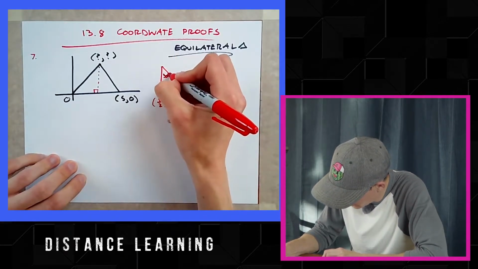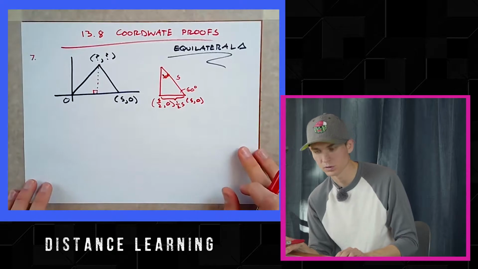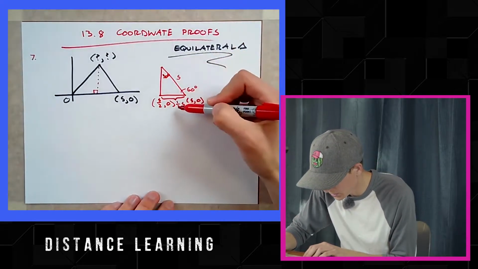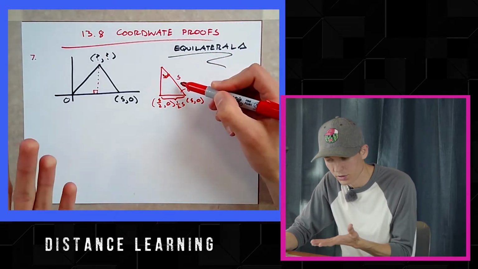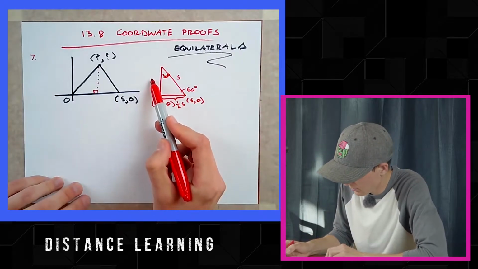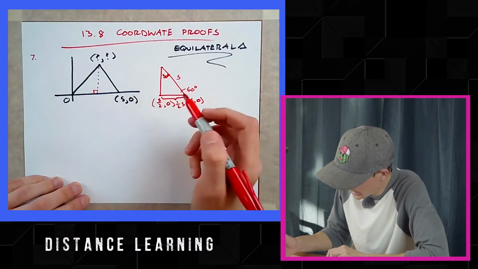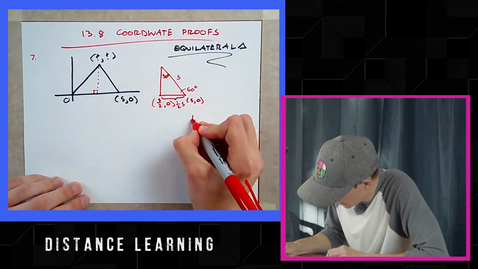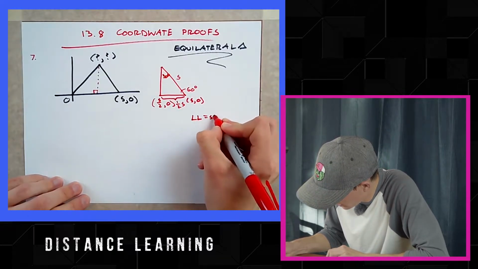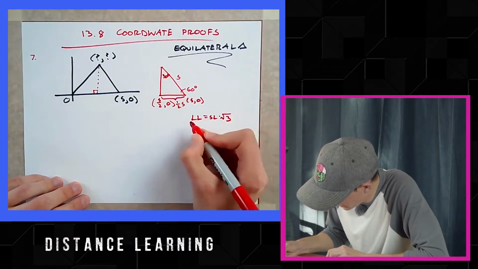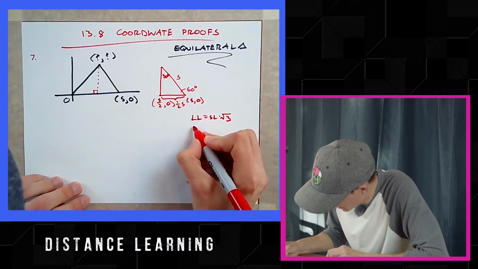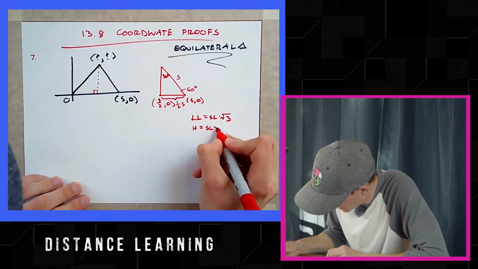So far this is looking like our 30, 60, 90 rules, right? Where this is the short leg, hypotenuse is double the short leg. Well, that means this coordinate, or not coordinate, but height, right? Long leg is short leg times square root 3, and then we just saw earlier that hypotenuse is short leg times 2.